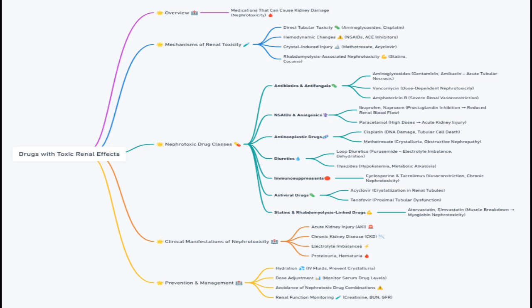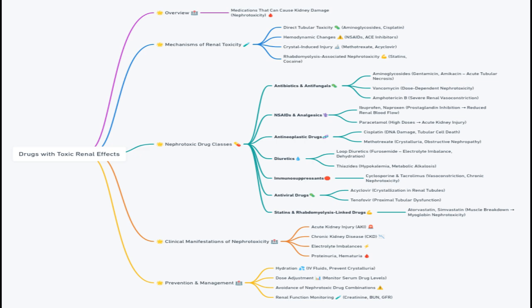So this results from crystallization in the renal tubules as well as direct tubular toxicity. And one thing too is the crystallization is enhanced by high urinary methotrexate concentration and low urine volume.